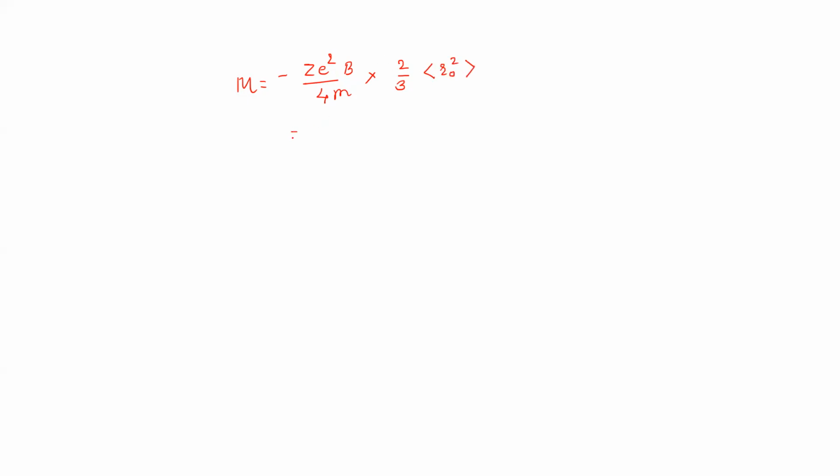So this will be equal to minus ZE square B divided by 6m into R0 square.